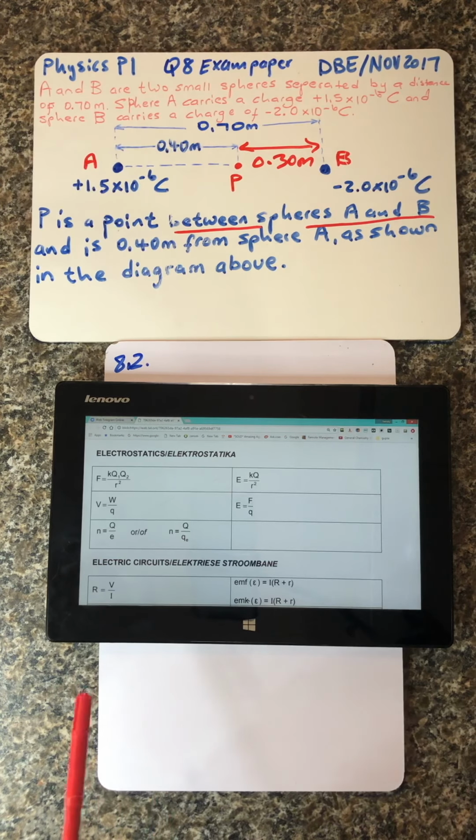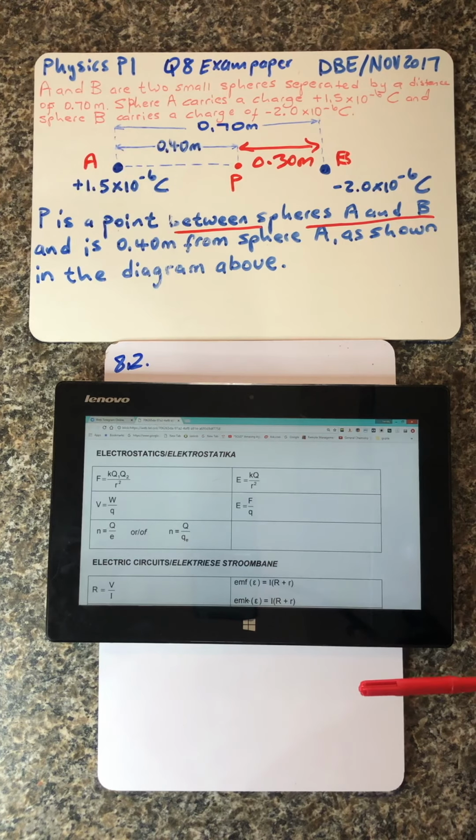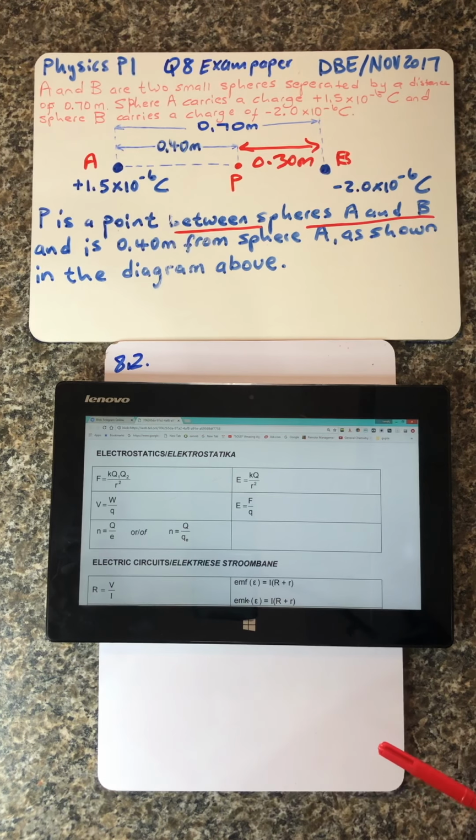Now we are not requested to calculate the force, not the voltage, not the number of electrons, but the electric field at point P. So now it's just a matter of us having to choose between these 2 formulas. It's very important that when you're requested to calculate the magnitude of a certain unknown, you consult the formula sheet and check which formulas are available.